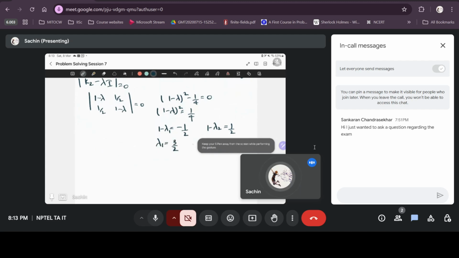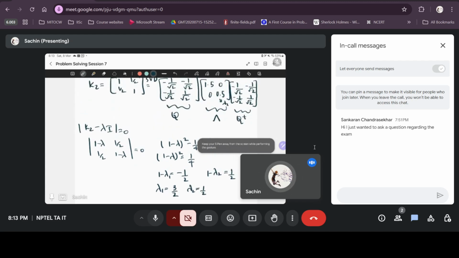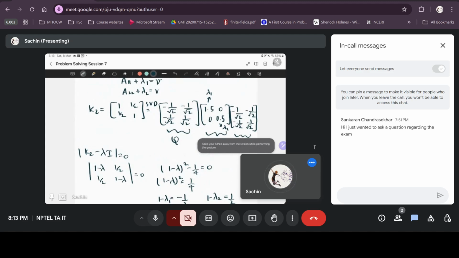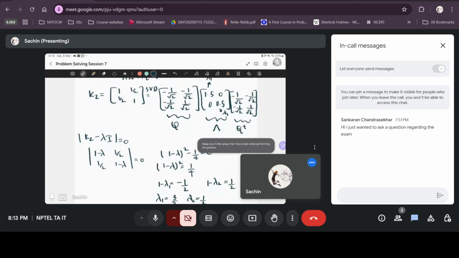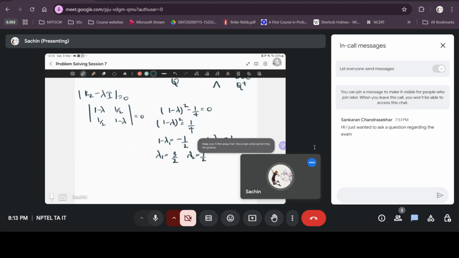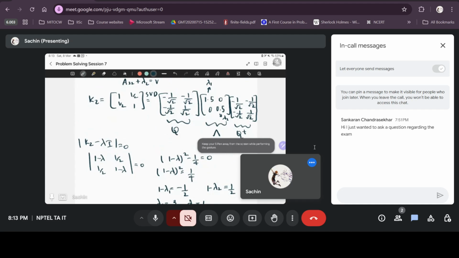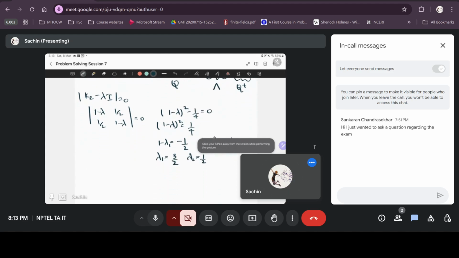Lambda 1 is 3 over 2, lambda 2 is half. Finding Q and Q transpose, I'll leave that to you. I won't go into that, but you can verify that this is the singular value decomposition. This is an aside.